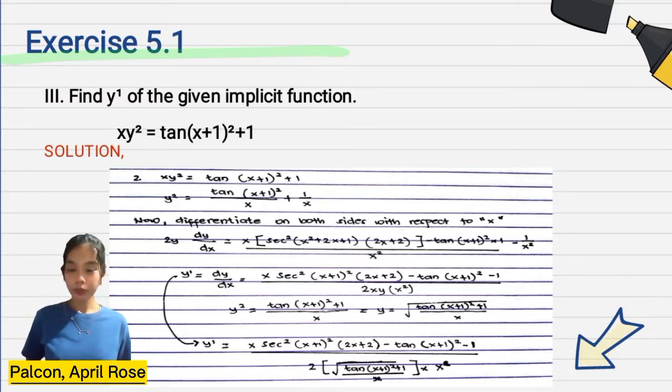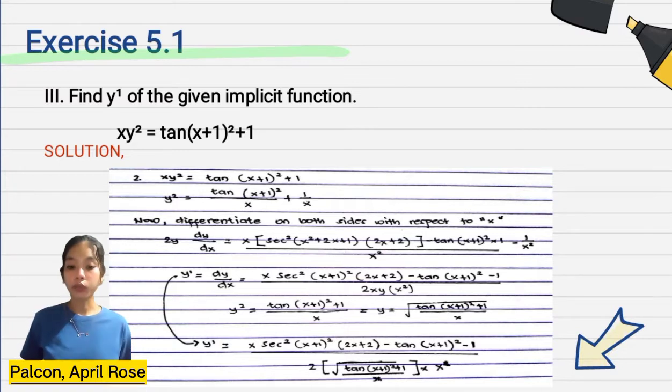So, we will now get the y prime. So, y prime equals dy over dx equals [x sec squared times (x plus 1) squared times (2x plus 2) minus ((tan x plus 1) squared minus 1)] over 2xy times x squared.